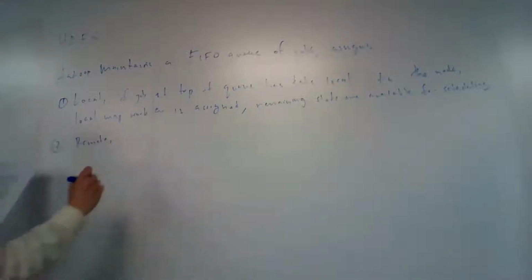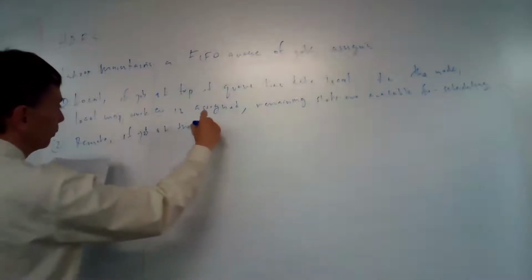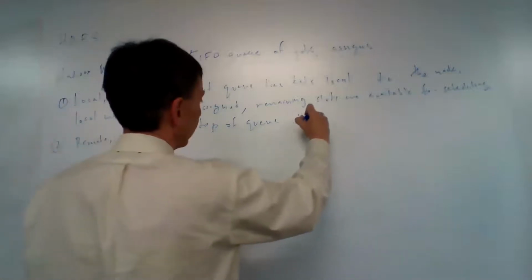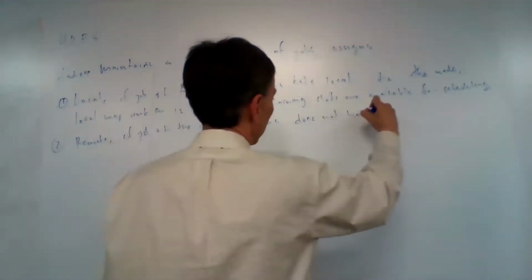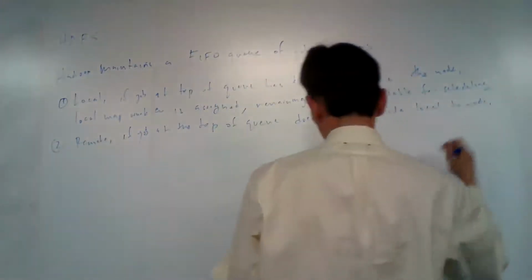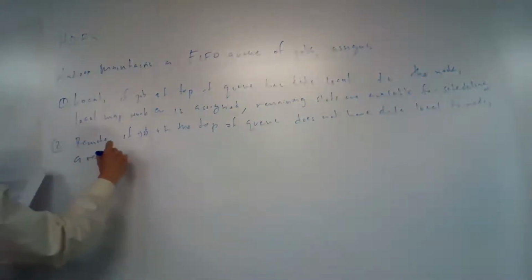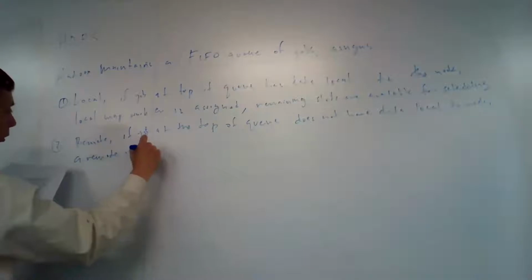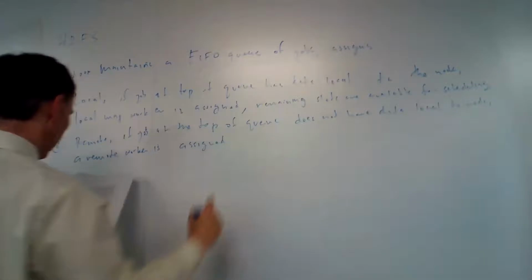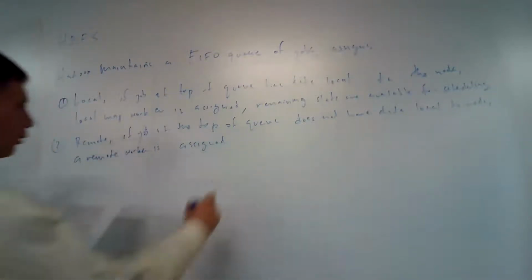And what happens here is that if the job at the top of the queue does not have data local to the node, a remote worker is assigned. And scheduling stops.